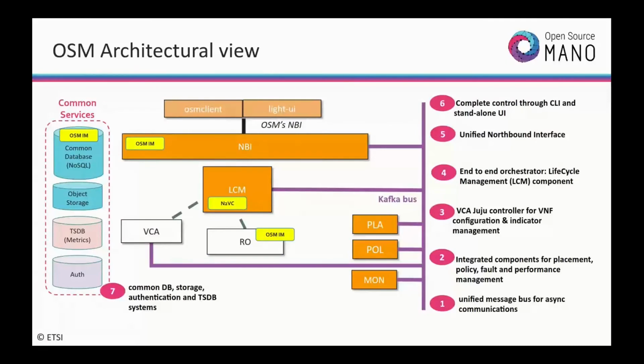Placement will work in conjunction with the LCM and RO to figure out the best place for that network service, for that virtual machine or whatever it is, to be launched. So it actually sits on the Kafka bus and listens to those messages.